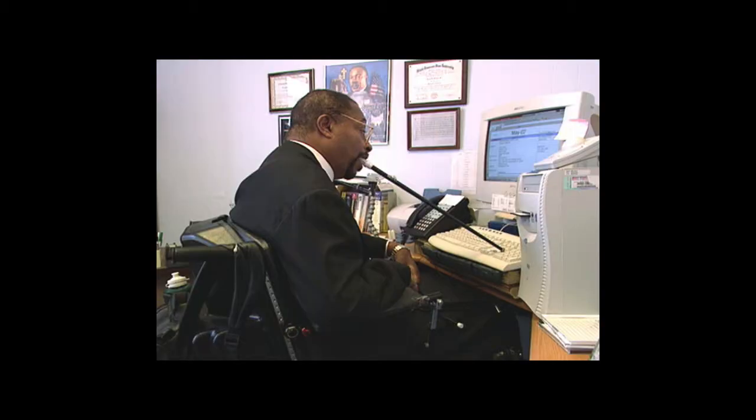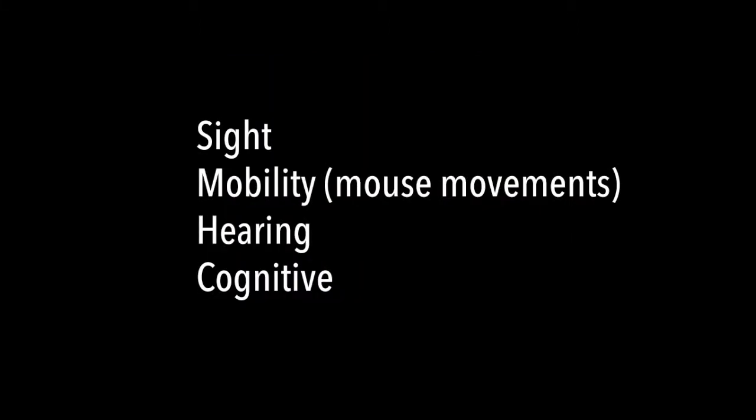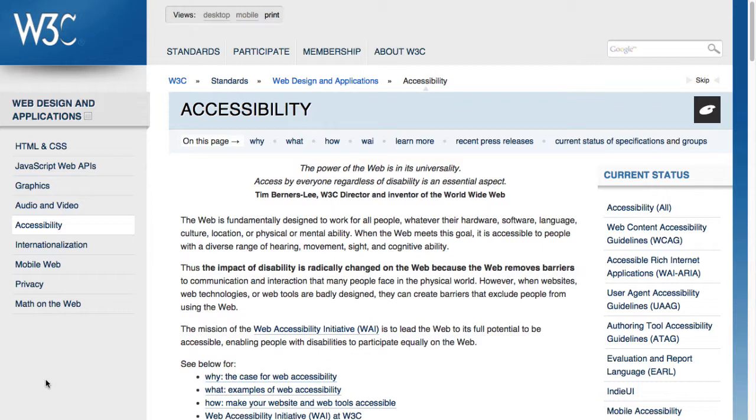People with mobility impairment who cannot use a mouse, but they can still navigate a keyboard, sometimes using a pencil to push keys. People who can't hear or who have limited hearing, and sometimes people with various kinds of cognitive impairment. So how can we make our pages, our sites, and our apps more accessible?